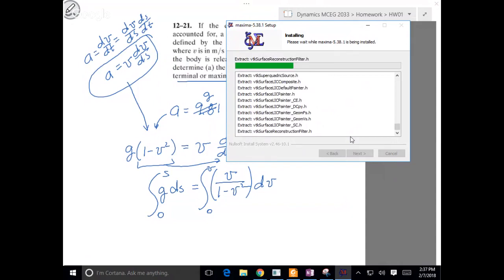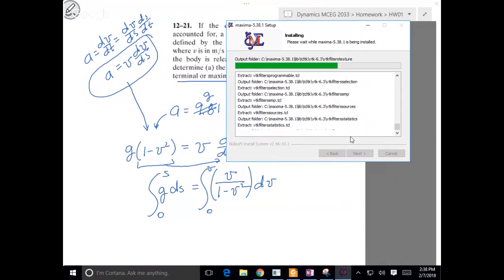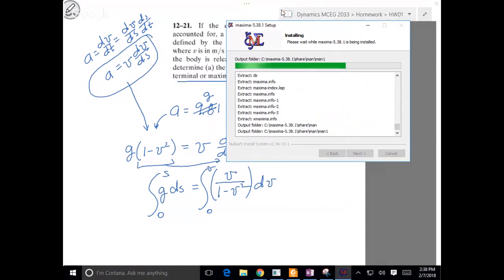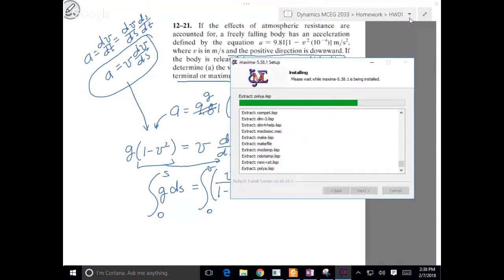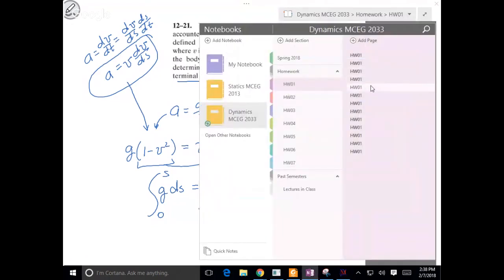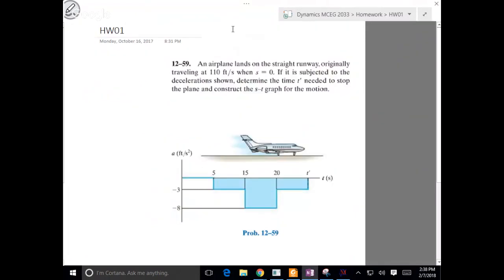There's a lot of stuff on this. Maybe that's why it gets deleted every time. It's too big. Wow. I'll just let that keep installing. We'll look at the next problem.